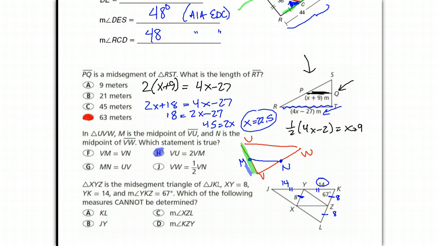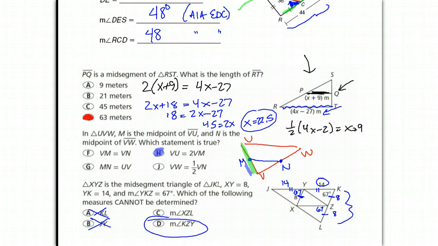We know 67 can be some angles as well. 67 is down here because they're corresponding. 67 is also over here because those are corresponding angles as well. So if we know here, we can figure out KL, that's this part right here. We've already got JY, which is 14. And the one that we aren't able to figure out is KZY. We can't figure that one out.